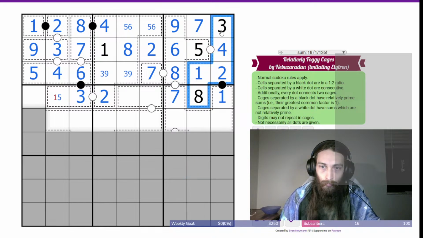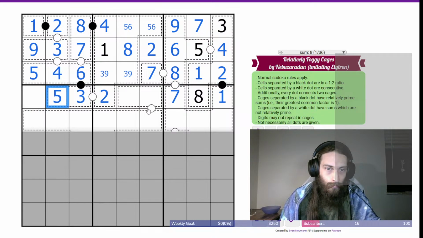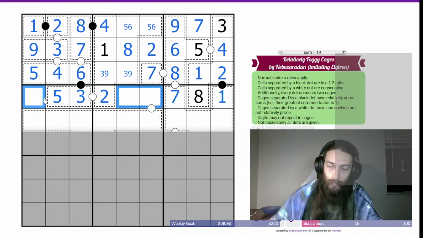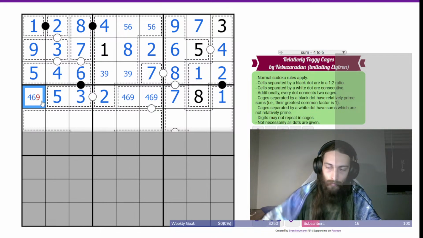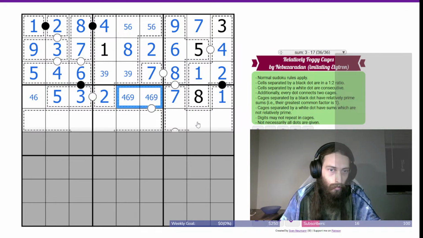What's this sum? That's a 5 over there in box 4. 1, 2, 3. So 4, 6, and 9 are left in row 4. We have 9 in there for certain.